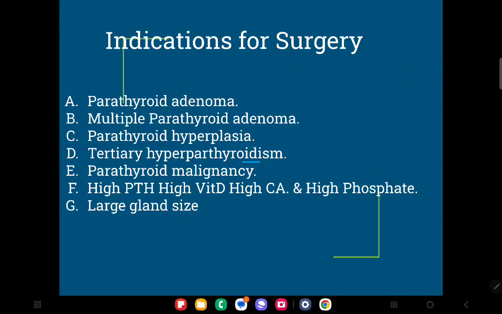Tertiary hyperparathyroidism also, if there are symptoms, you can do surgery, or you can do medical treatment first and then surgery. The definitive indication for parathyroid surgery is the appearance of malignancy.